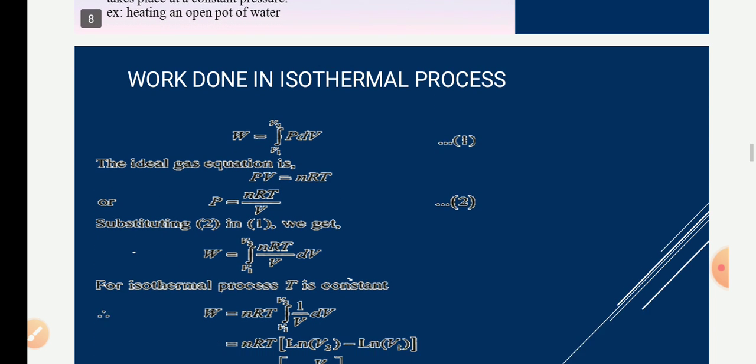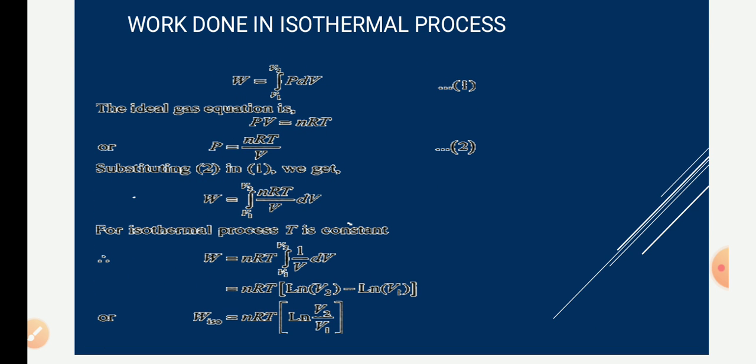And next, work done in an isothermal process. We all know the work is the integral of PdV. Here P means pressure, V means volume, and the change in volume we denote as dV. From the ideal gas equation, PV equals nRT. Here P is pressure, V is volume, n is the number of moles, R is the universal gas constant, and T is the absolute temperature.